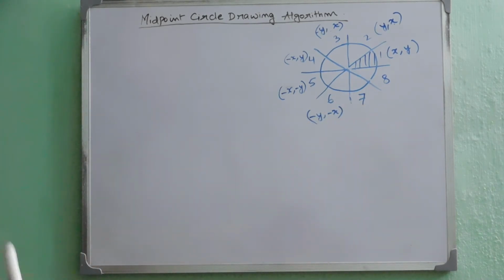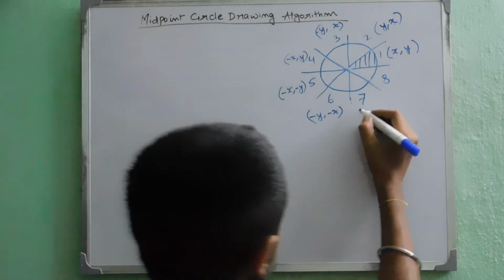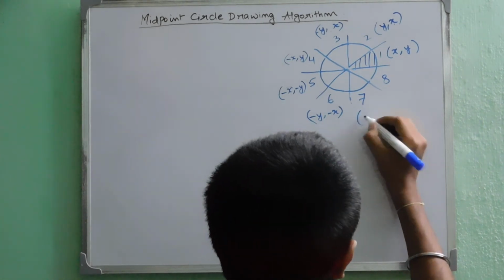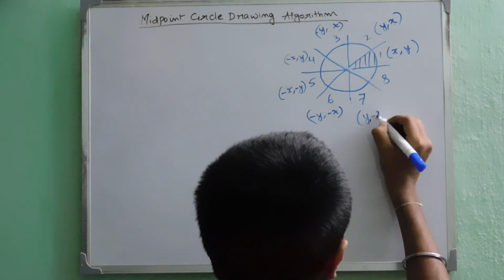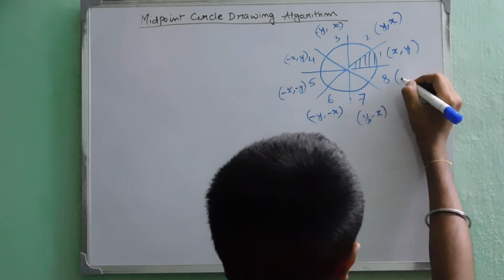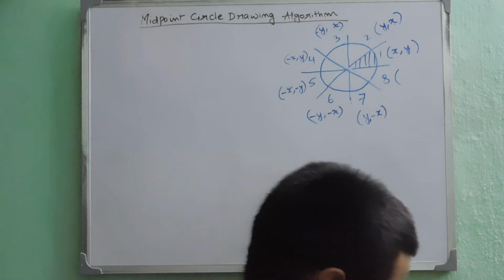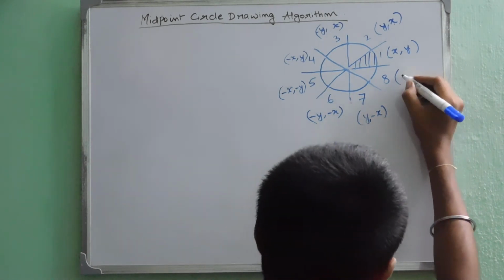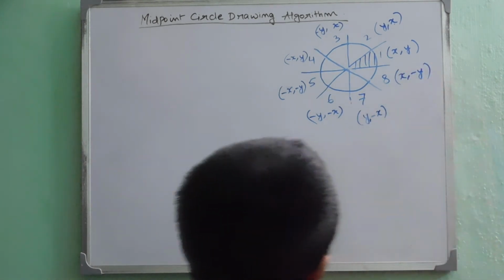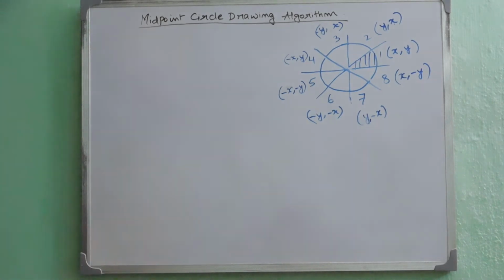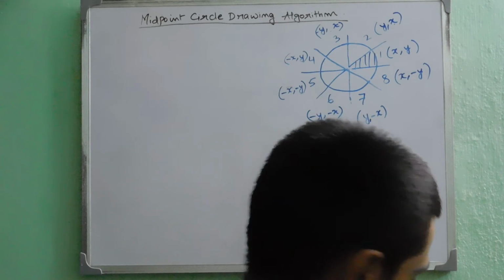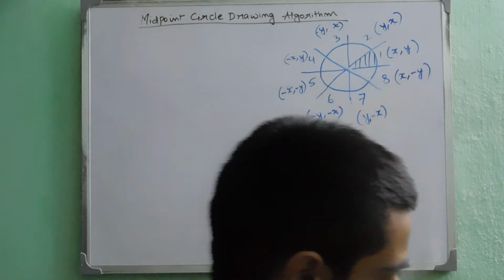For the seventh octant, it will become y comma minus x, and the eighth will become x comma minus y. So in this form we will write the coordinates. We have to remember this one.